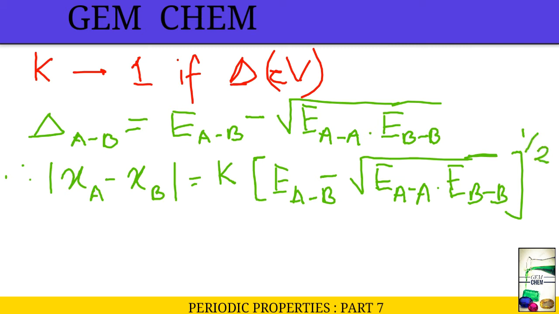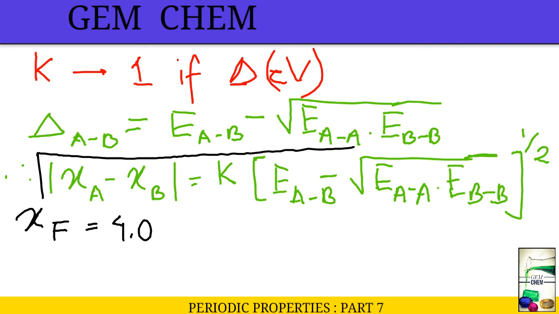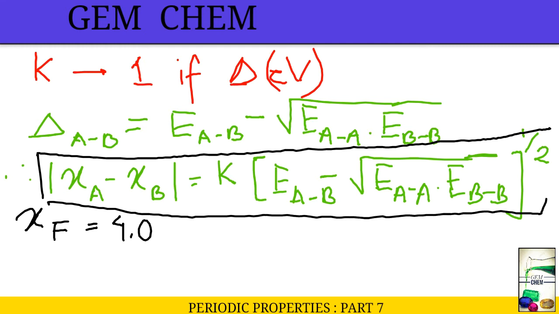So from the above expression, and assuming arbitrarily that the electronegativity of fluorine is equal to 4.0, Pauling was able to determine the electronegativity of a large number of elements from their bond energy data. So this is the Pauling's electronegativity scale formula to be applied for getting the electronegativity of other atoms.